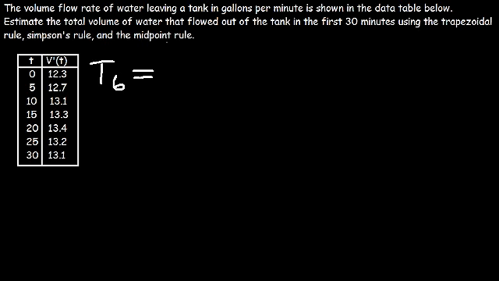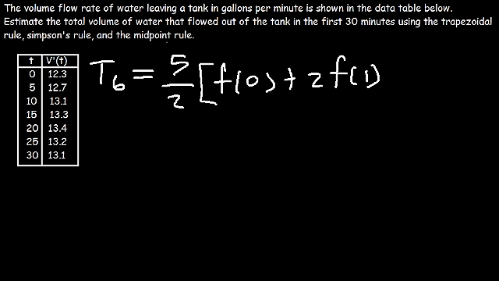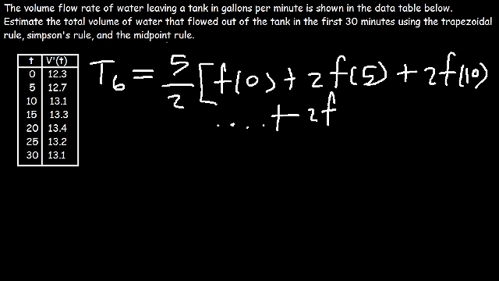This is going to be delta x, which we know to be 5, divided by 2, times f of 0 plus 2 times f of 1, which in this case is really f of 5, plus 2 times f of 10, plus 2 times the second to last term, f of 25, and then the last one, which is just f of 30.